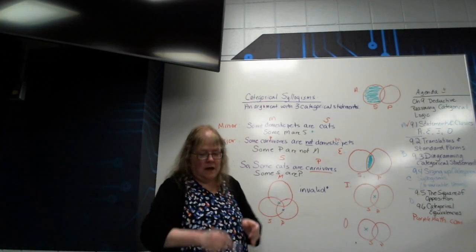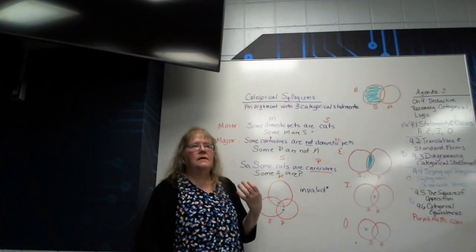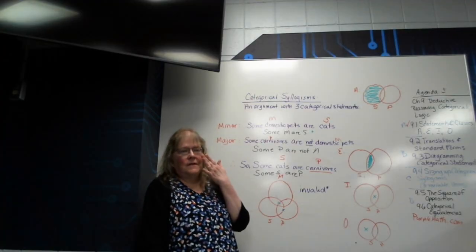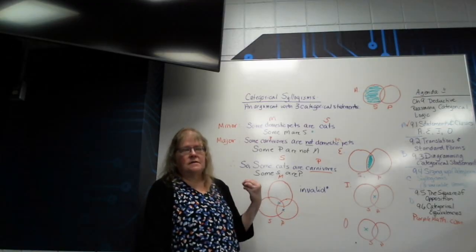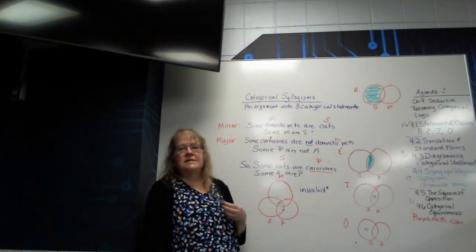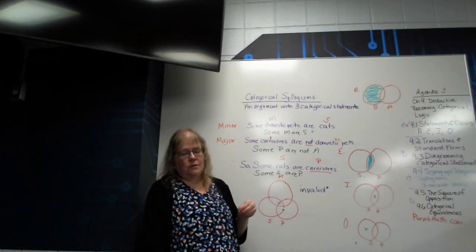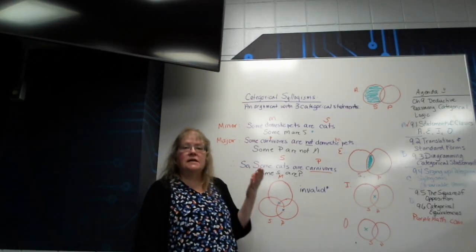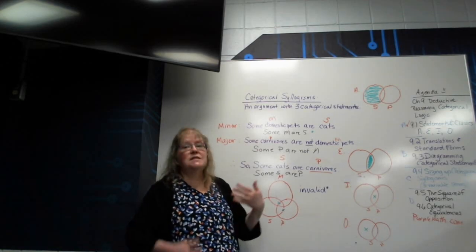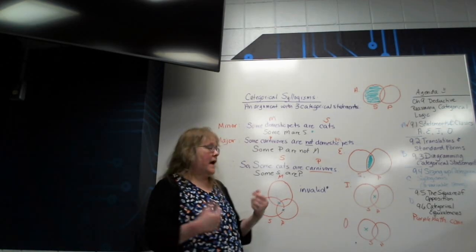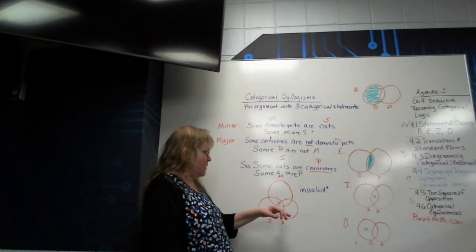Okay, and this is the thing. When we do a Venn diagram and it's inconclusive, okay, we're going to use that word a bit later on too. If it's inconclusive, then we have to say it's invalid, okay, because it's possible that it wouldn't work.